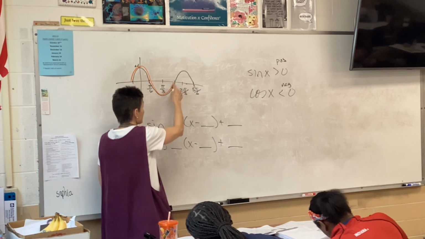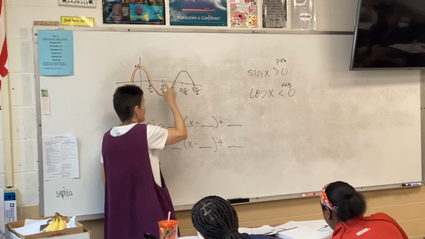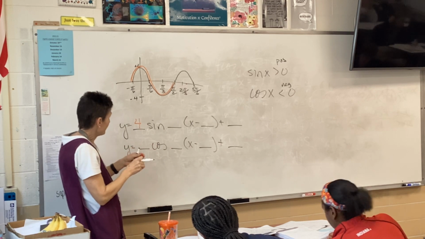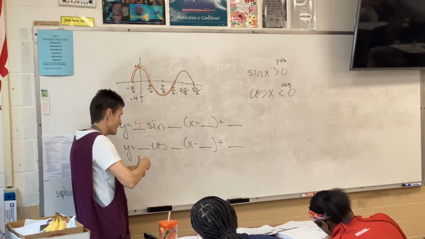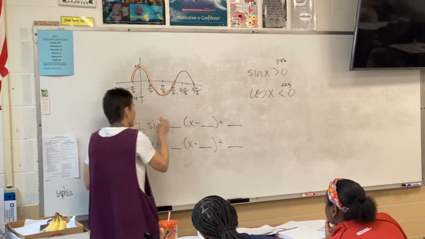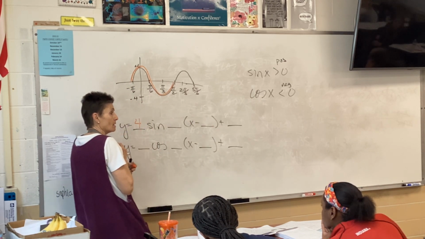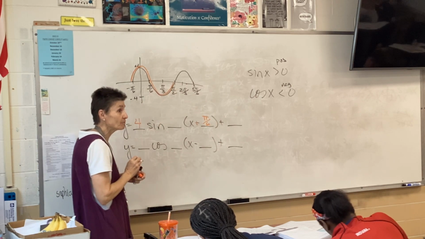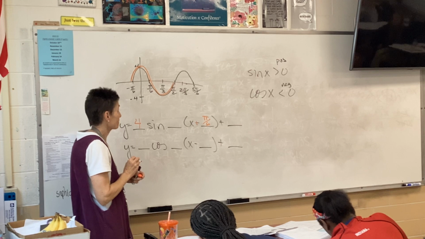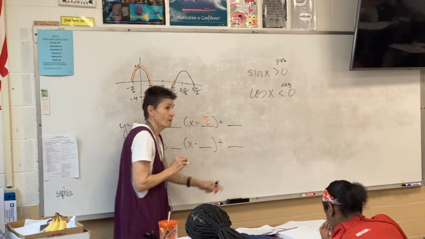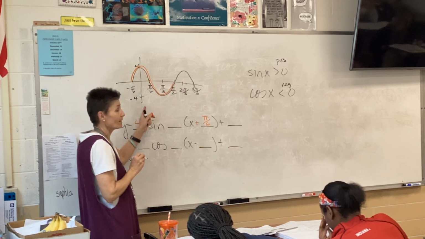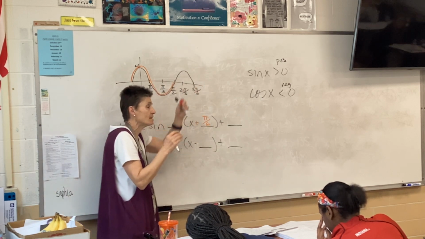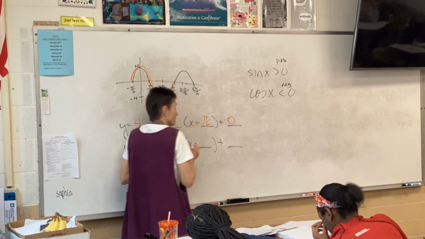If I were looking at this part, I would have my valley first and that would be negative, but I'm looking at that orange part. Do I have a phase shift? Plus pi over 6, right? Because it went left. Does it have a vertical shift? Nope, going up 4 and down 4. If it had a shift, it would go up to 6 and down to negative 2 or something like that. So there's no vertical shift.